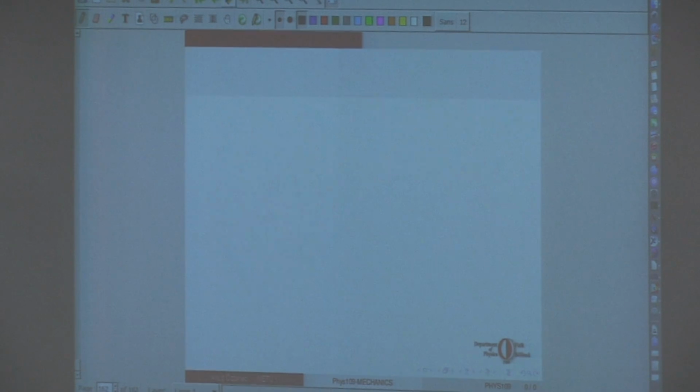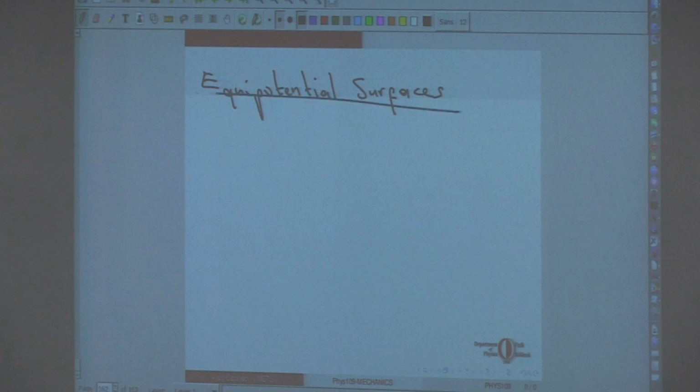Now, let's discuss one more concept and then we will go back to our discussion questions. Equipotential surfaces. Now we had already discussed the electric field lines, which allow us to visualize the shape of the electric field everywhere.